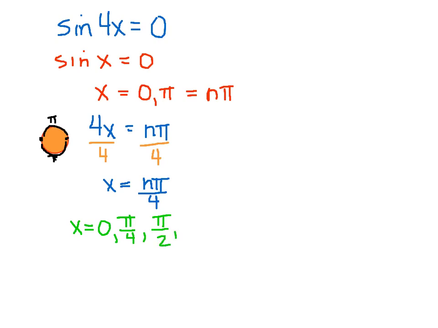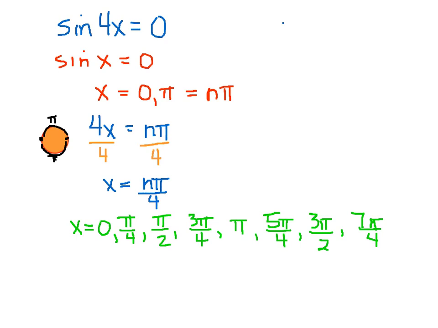Then you get 3 pi over 4, so you're just going at intervals of 45 degrees around your circle. Then you have an answer at pi, 5 pi over 4, 6 pi over 4, which is 3 pi over 2, and then 7 pi over 4. So that's what you get from having your sine of 4x equals 0.